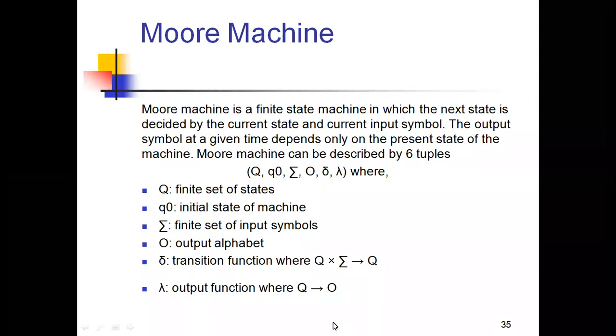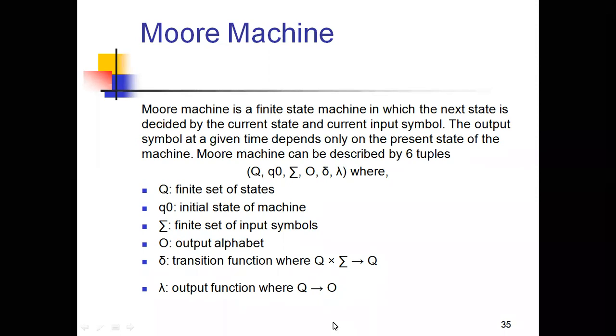Before learning about the 6 tuples, I need to make you understand how we decide the output state here, right? In any finite state machine, we decide the next state totally depending upon the current state and its current input symbol, right?